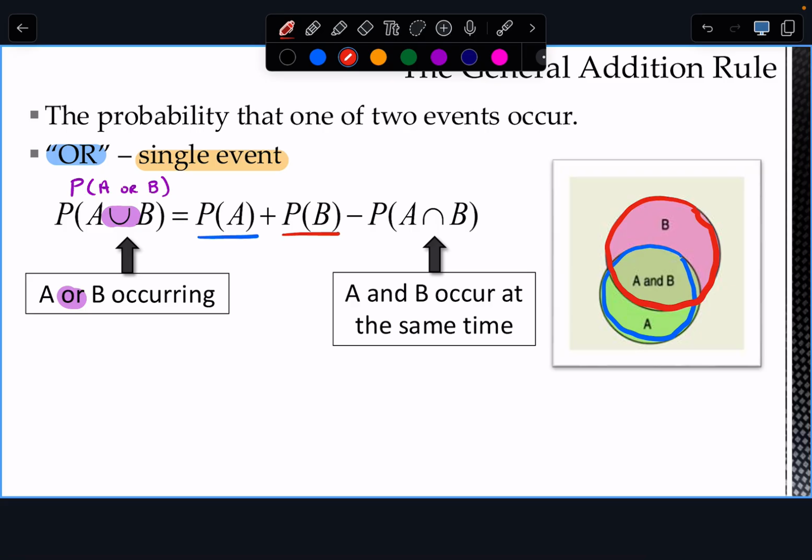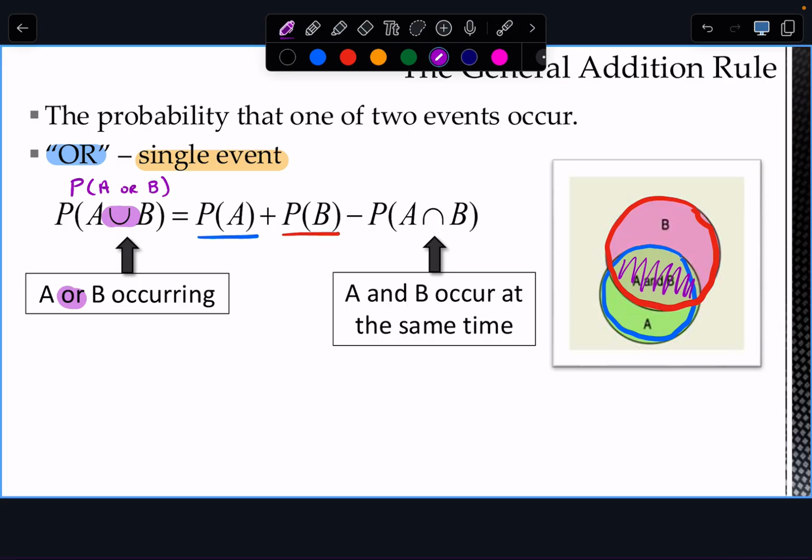Now, if I just add those together straight up, what problem do I run into? I'm adding some outcomes more than once. Because of that overlap, when I add these two probabilities together, if I'm not mutually exclusive, that means I have some outcomes in A that are also in B. On that first example that we talked about with mutually exclusive, A is red cards and B is the number 4.